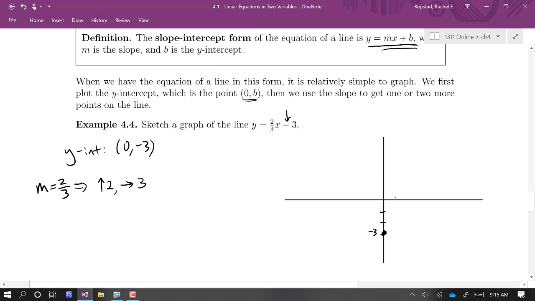So I'm going to go up 2 and over 3 to get another point. And there's our point.